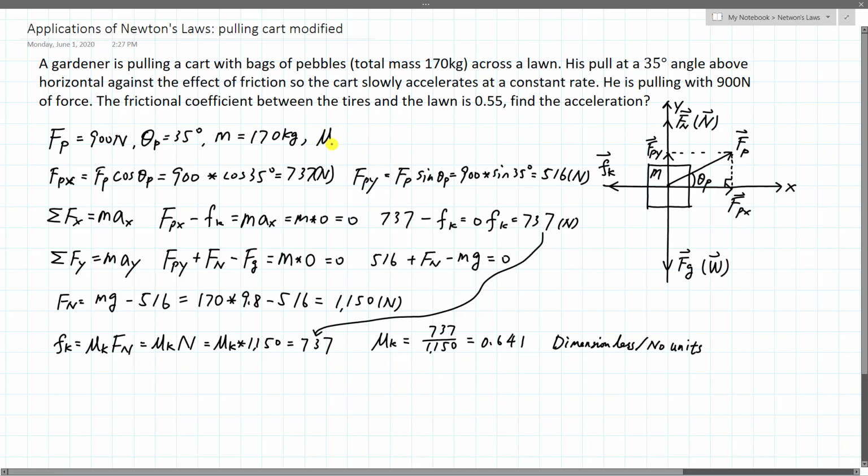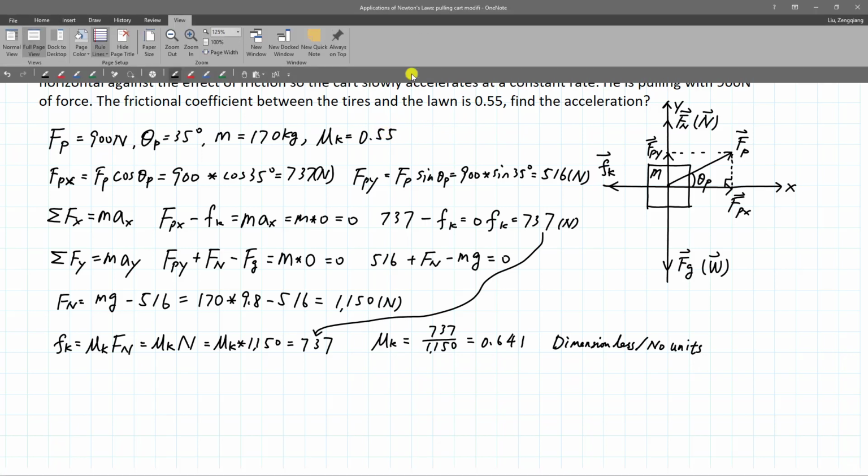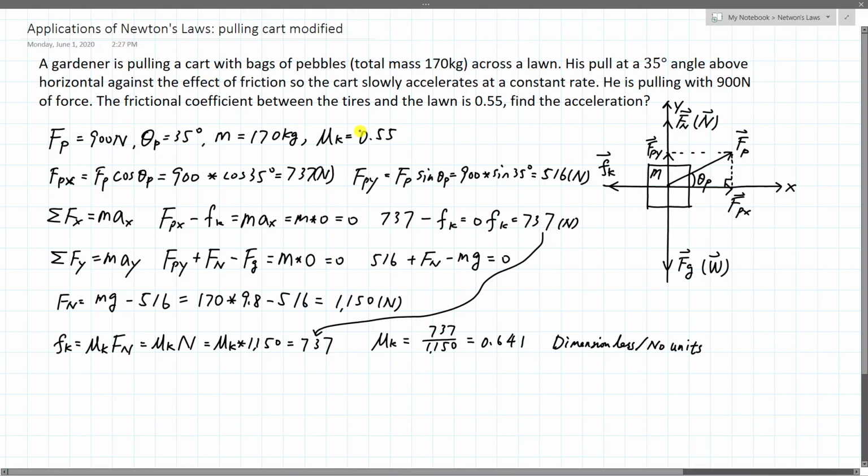But I now know the coefficient of kinetic friction is 0.55. Let me use a different color for the new things. Mu k is 0.55.